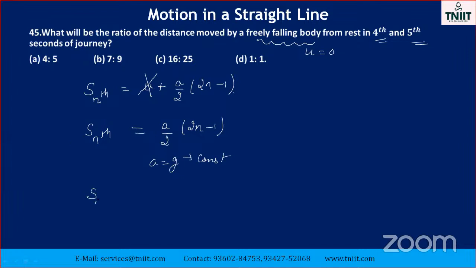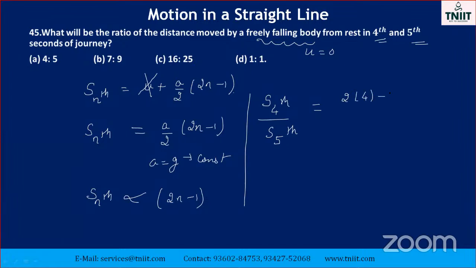So you can assume the distance traveled in the nth second is directly proportional to 2n minus 1. So the distance traveled in the 4th second to the distance traveled in the 5th second must be equal to what? The distance traveled in the 4th second is 2 into 4 minus 1, divided by 2 into 5 minus 1.